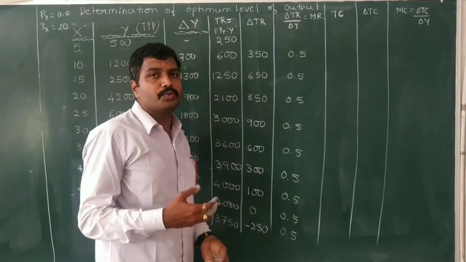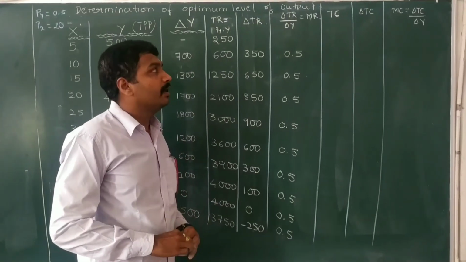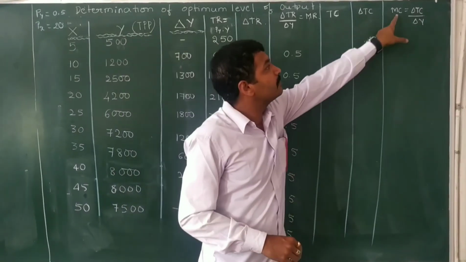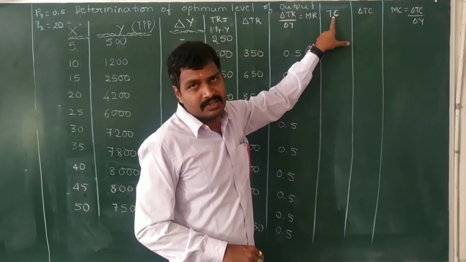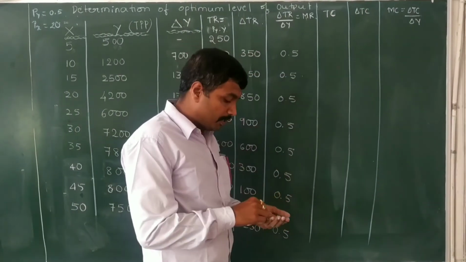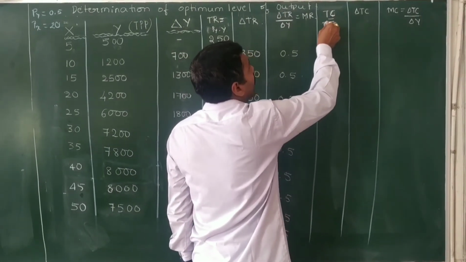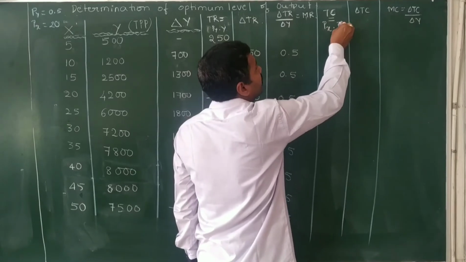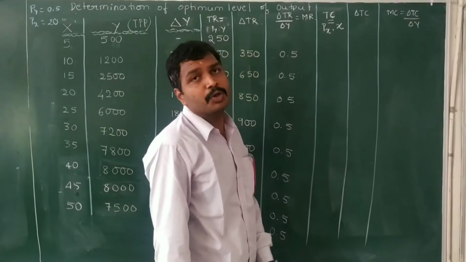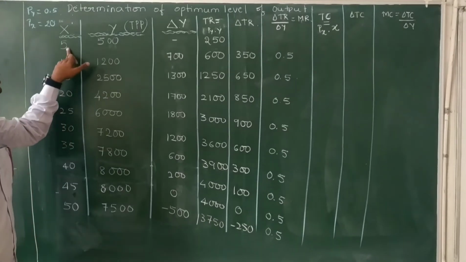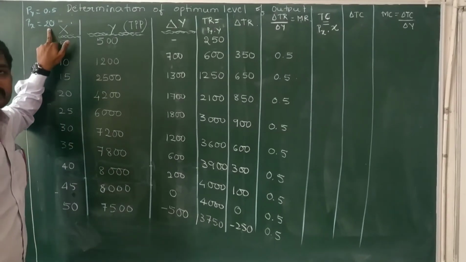Okay, once you derive MR, the next thing is that you need to derive MC. To get MC, you need to determine TC first. How to determine TC? TC is the product of the price of input paid and the quantity of input used. Quantity of input used is 5. 5 should be multiplied with its price.